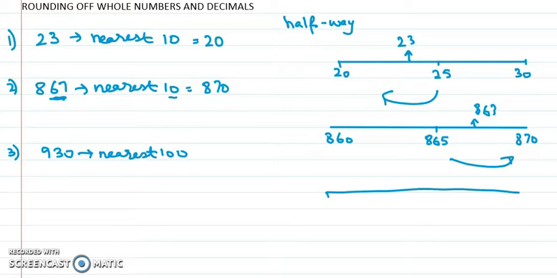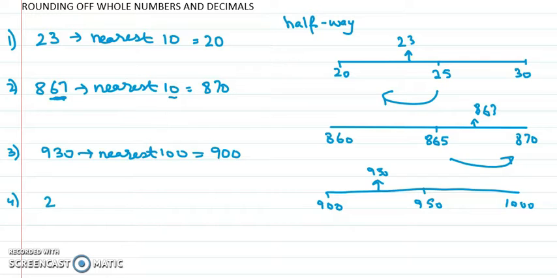Alright, since we have to deal with hundreds, I will be taking 900 on one side and of course 1000 on the other, and the halfway between them is 950. So we'll mark 930. It is here somewhere, so it is lesser than the halfway, so my final answer should be 900.